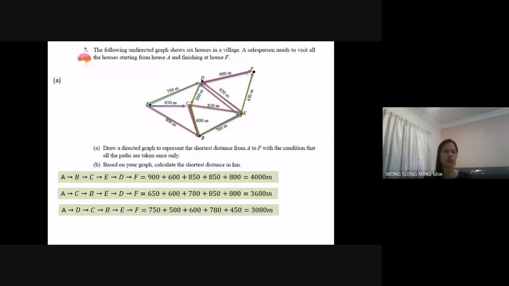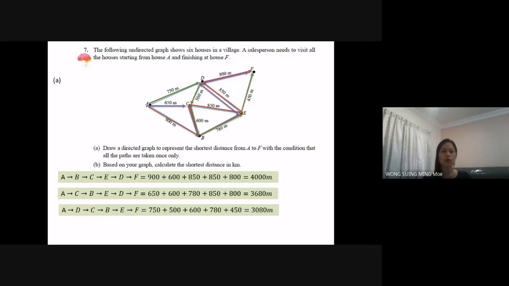For this question, we actually don't have a shortcut. We need to list out all the possible routes, and then we count them one by one. So far I can only list out 3 routes. From these 3 routes, the shortest distance is from A to D, to C, to B, to E, and to F.